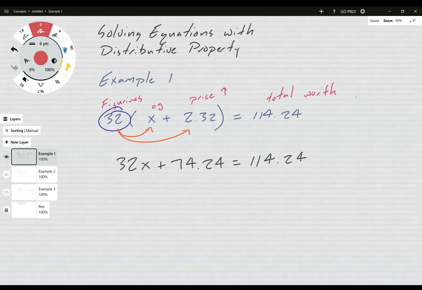So the first thing I'm going to do is subtract $74.24 from each side.